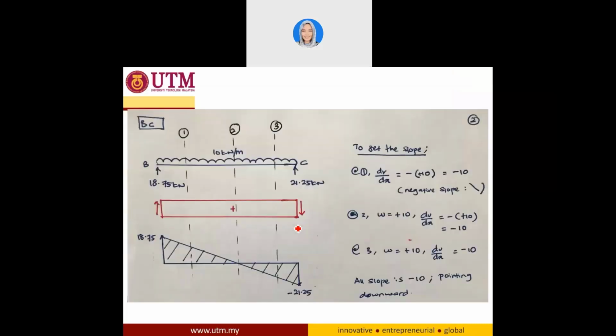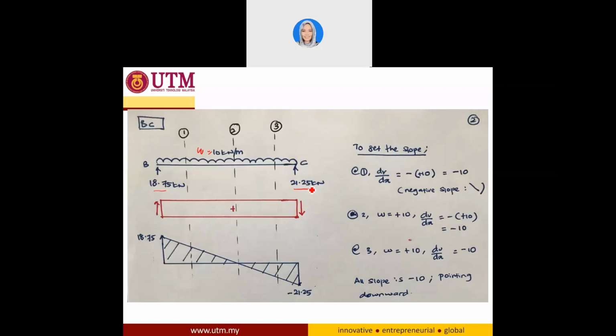Now, if you look into member BC, you have a uniform distributed load W equal to 10 kilonewton per meter, and you have the end reaction VBC equal to 18.75 pointing upward, and VCB equal to 21.25.